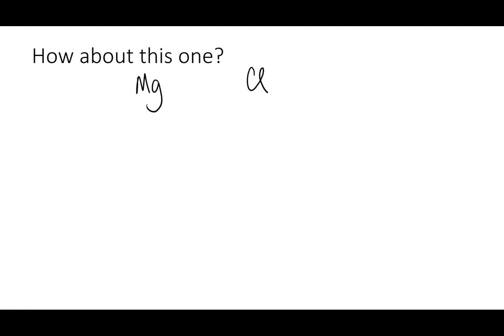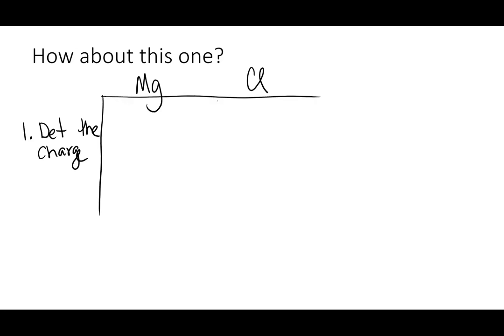So here's the general steps. The first step is going to be to determine the charge. So step 1, determine the charge. So magnesium is found in the second group.